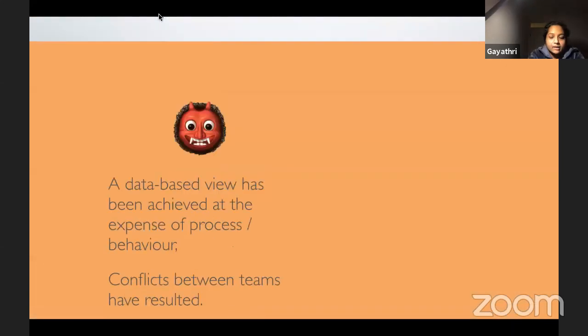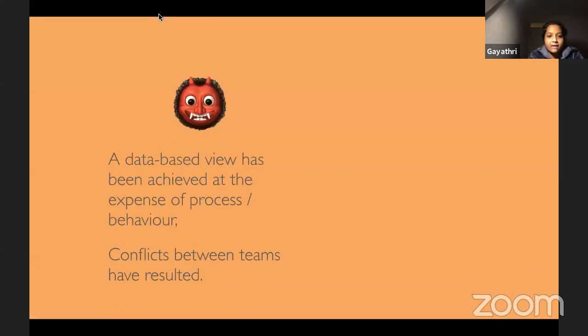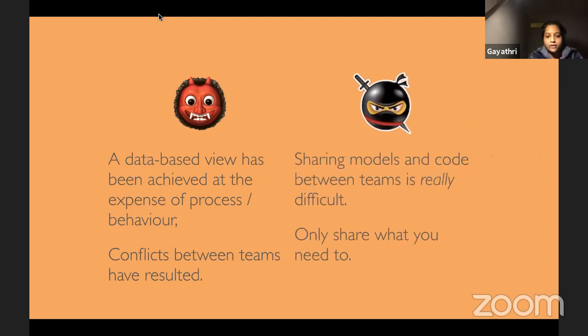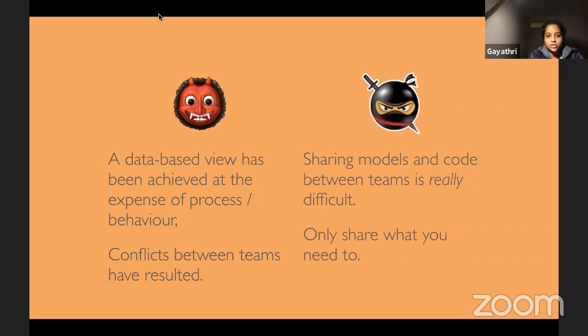So once again, prioritizing the data, we had forgotten about the process and behavior and all the richness of each of these domains the teams dealt with every day. As a result, there were conflicts between the teams and a lot of team friction. So the combat strategy to avoid this is to share models and code only when it is absolutely essential. Otherwise, it can become really difficult to manage this at the ground level.